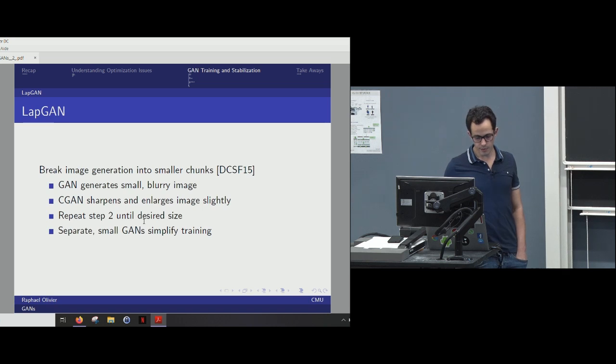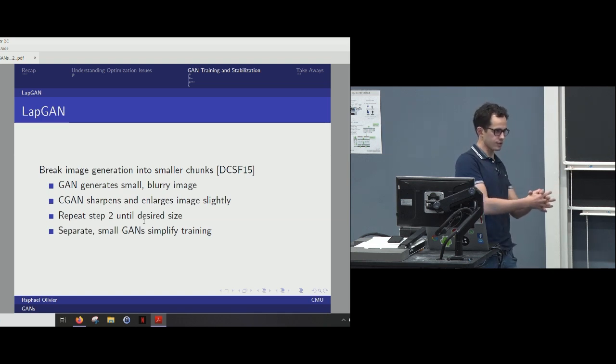Finally, you remember LAPGANs that we mentioned last time, where you just take a chain of GANs that go from generating something small, and then you put that as the conditional input of another GAN, and you generate something bigger, and you get sharper and sharper results.